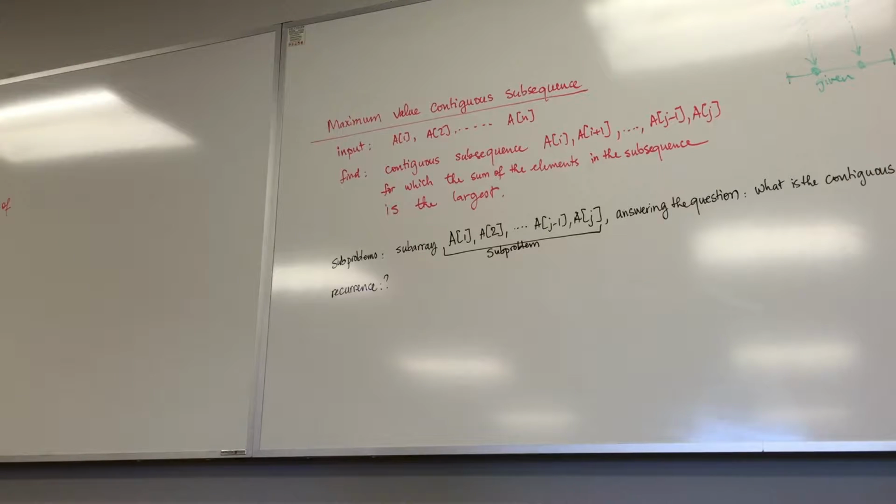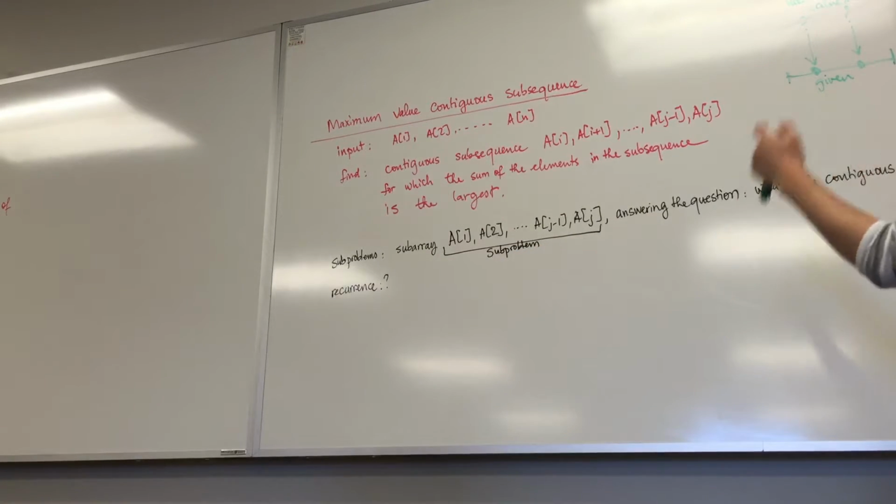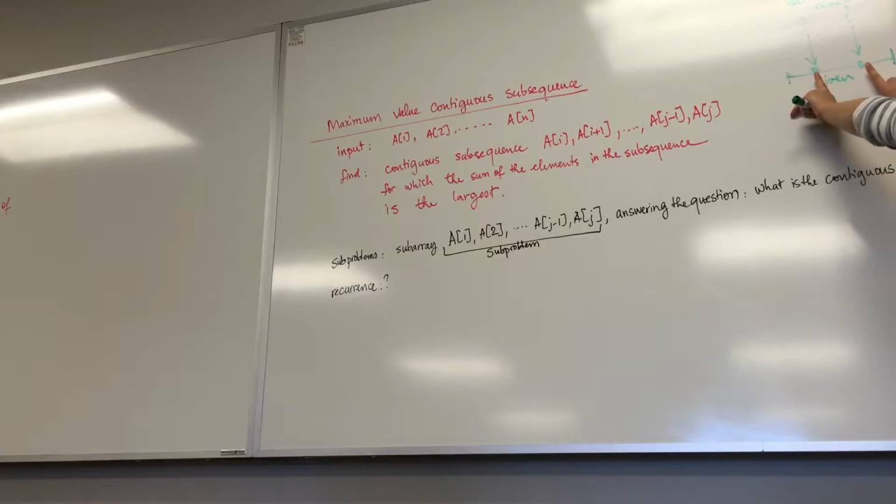And if you try to express this problem in terms of smaller problems, where each of the subproblems also involves two unknowns, you're not going to be able to do it. So instead, you have to do different subproblems.